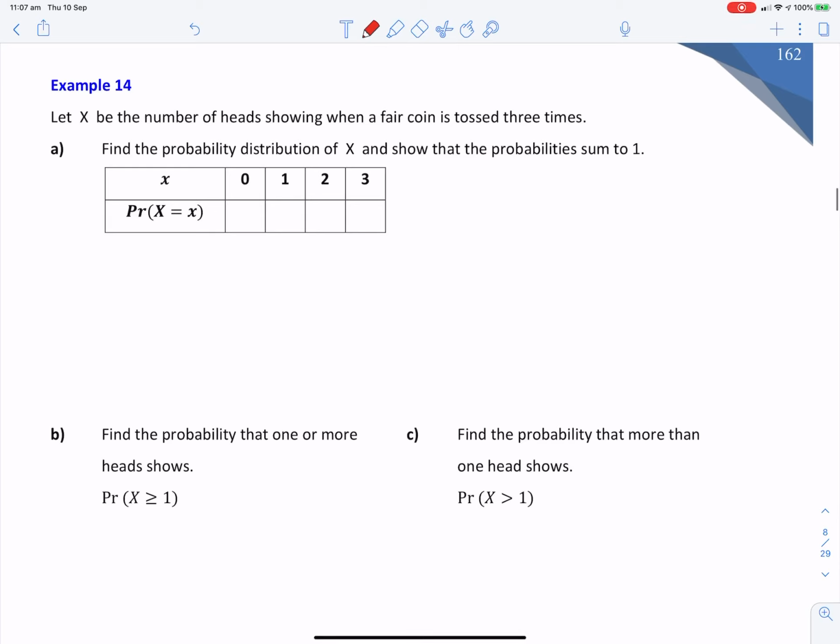Okay, let x be the number of heads showing when a fair coin is tossed 3 times. From the probability distribution of x, show that it adds to 1. Now I've already done this before.